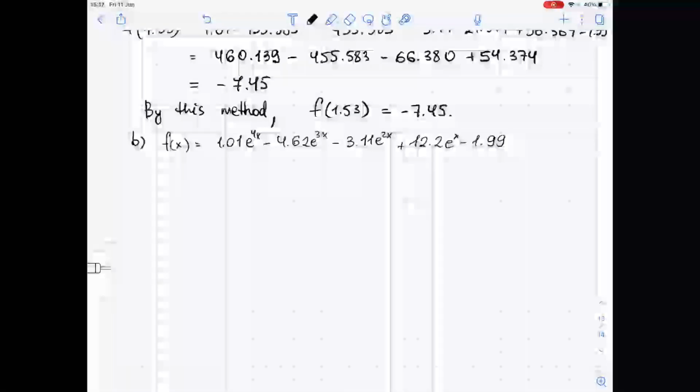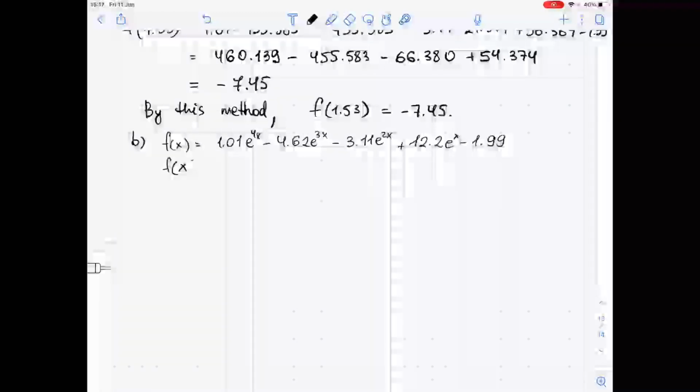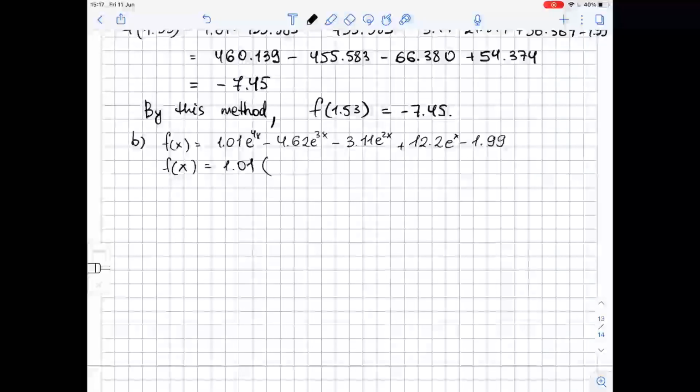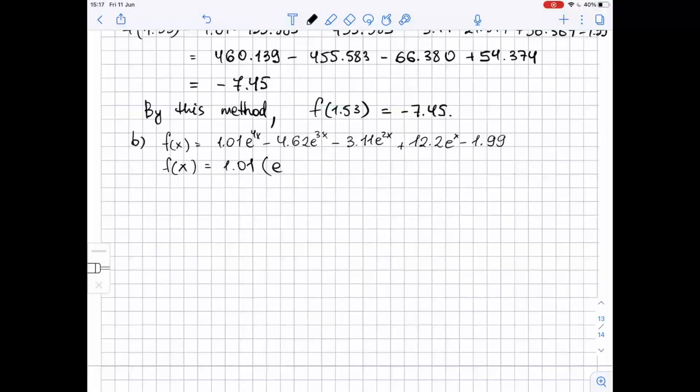And now, if we look at f of x, we can see that this function can be factorized as f of x equals 1.01 times e of x plus 1.715 times e of x minus 0.173 times e of x minus 1.415 and times e of x minus 4.702.